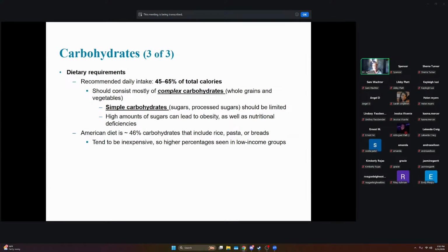So where that comes into play is that for our lower socioeconomic demographics that are on an extremely tight budget and yet have a family to feed, carbohydrates tend to make up an excessively high percentage of their diet, okay?